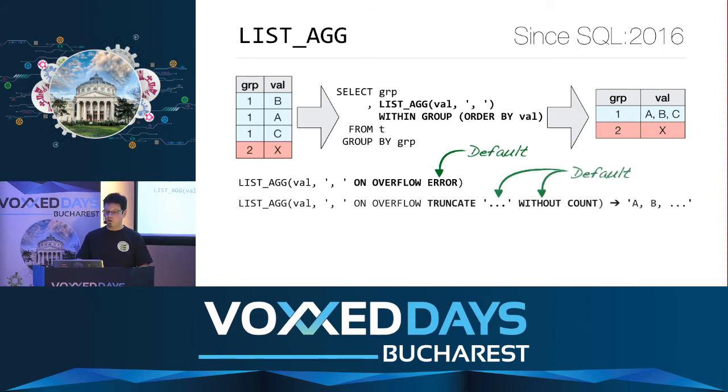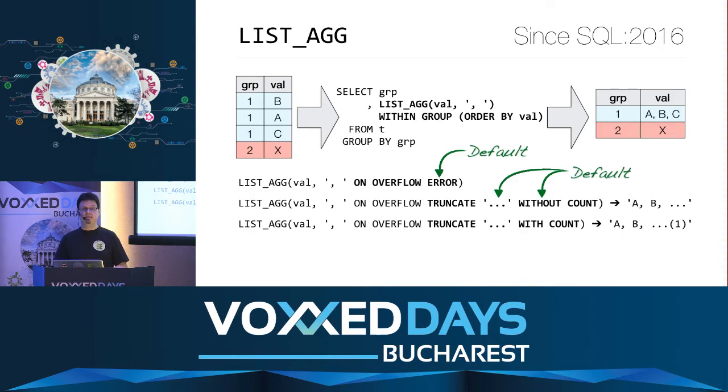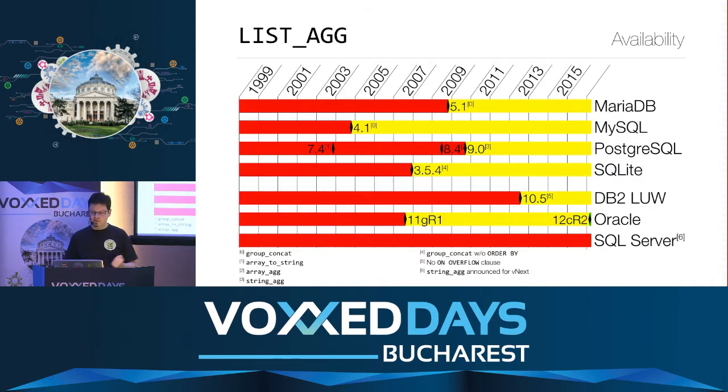But you can also say on overflow truncate. Just, who cares anyway? Okay. And the default is also that if you do truncate, then you won't add a count. But you can also say with count, which will then basically say, hey, I've skipped 1, or 7,000, or whatever, in brackets. Okay? So can you use it yet?